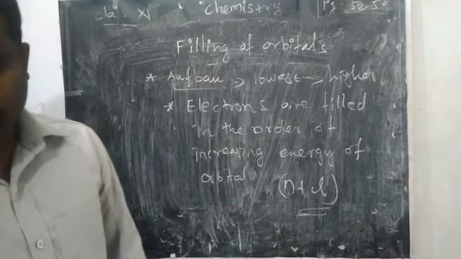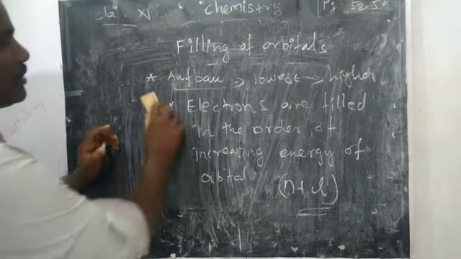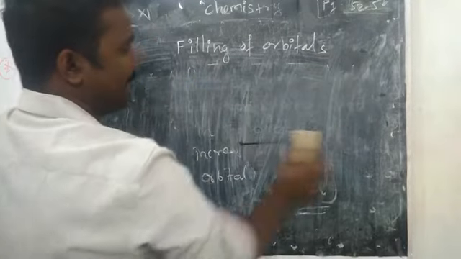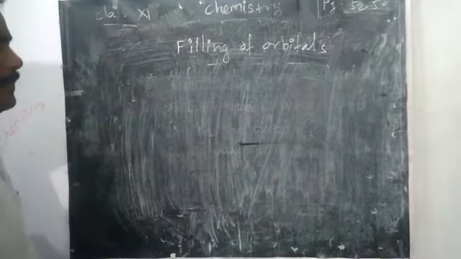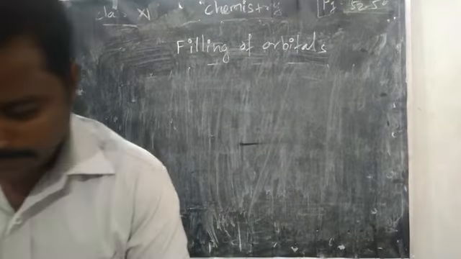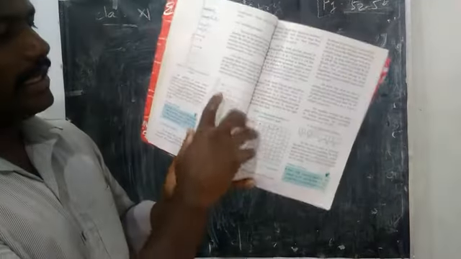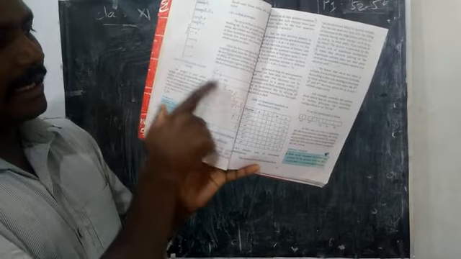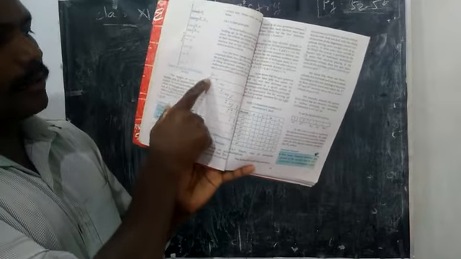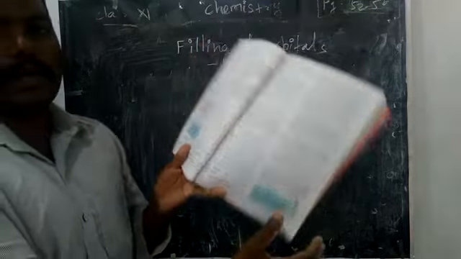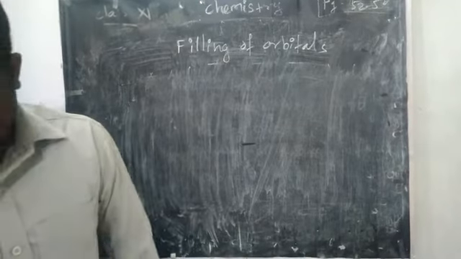For that you have to use a certain diagram-like structure. It's very easy also, right? Better you can see page number 52, figure 2.12. By increasing order of energy, we can fill following this order.